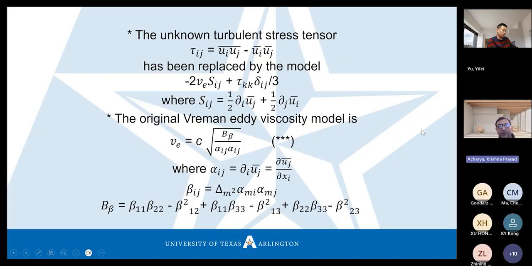The original Vreman eddy viscosity model is defined by the formula nu_e is equal to constant c times square root of B_beta divided by alpha_ij alpha_ij, where alpha_ij and beta_ij are defined as the formulas shown on the screen. I want to reduce the time.